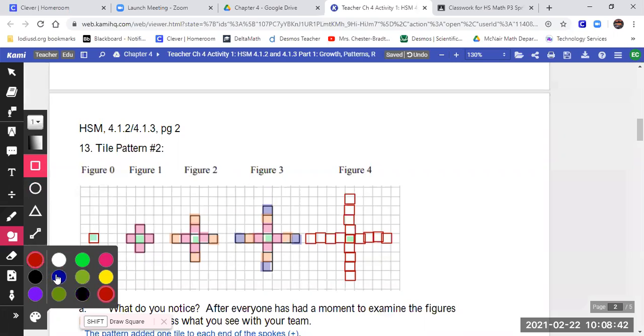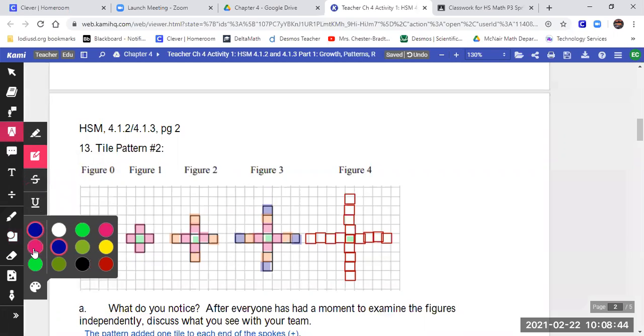Okay, I need my pink. I think it was red, wasn't it? Yep, it was red. Then we went orange. But my orange disappeared.